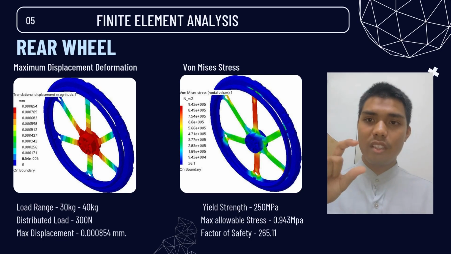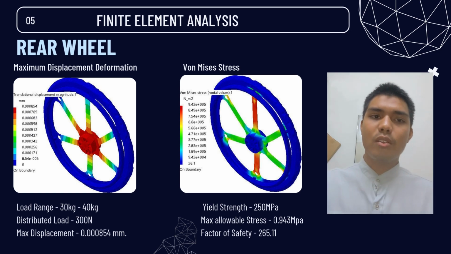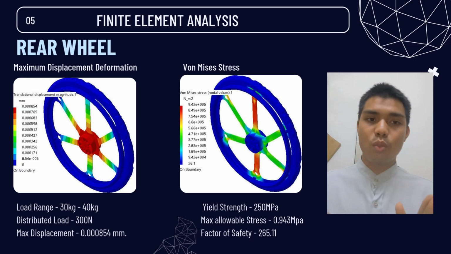So we choose the center because there is a shaft connected to the frame. We apply only 300 newtons. We divide the load by 2 because the wheelchair has two wheels, so each wheel has 300 newtons applied.